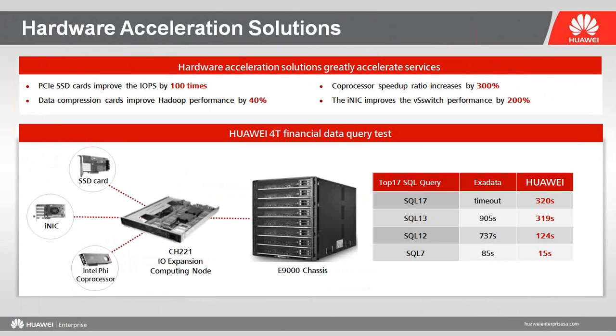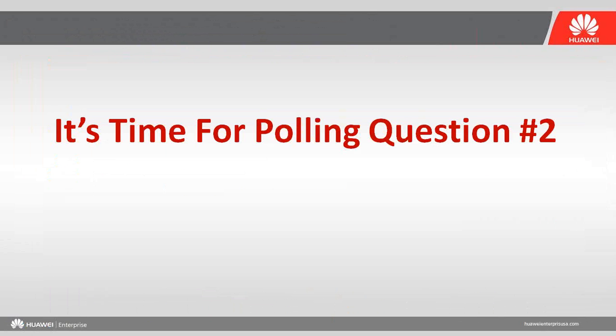And this really results in, competitively, we can blow out other vendors, queries on SQL, for example, by significantly less latency in the whole overall equation. So greater efficiency overall. So Nick, I think with all this information, it's time for polling question 2.